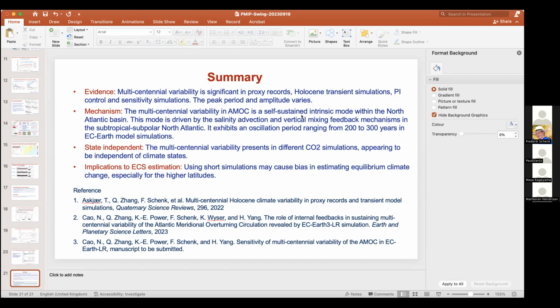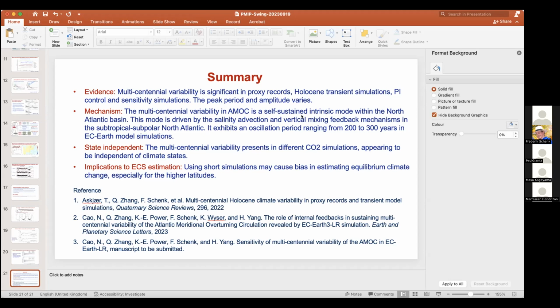Yes, because here, when I talk about the salinity advection and the vertical mixing, it's an anomaly. Actually, they are the feedback to the mean salinity gradient change. Of course, this mean salinity gradient change could be affected by the precipitation or other input from the atmosphere. And this mechanism is actually not only in our ECS model, but also verified in the CESM model that one of our colleagues is working with.